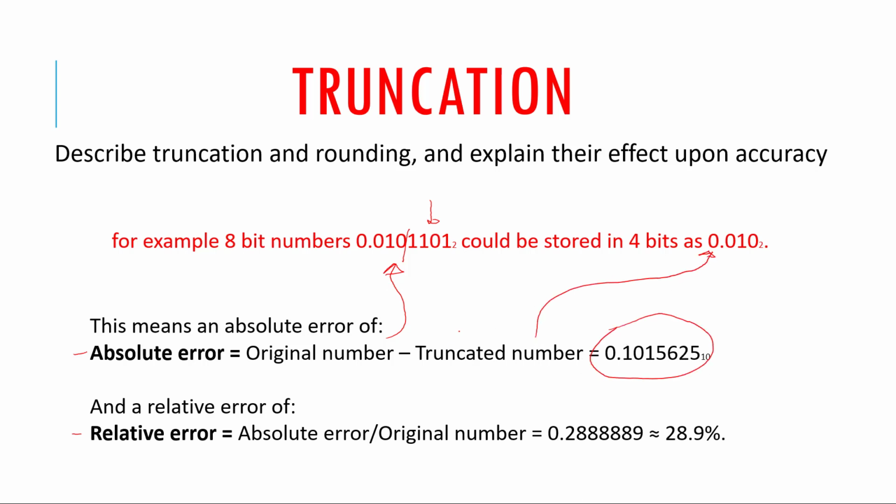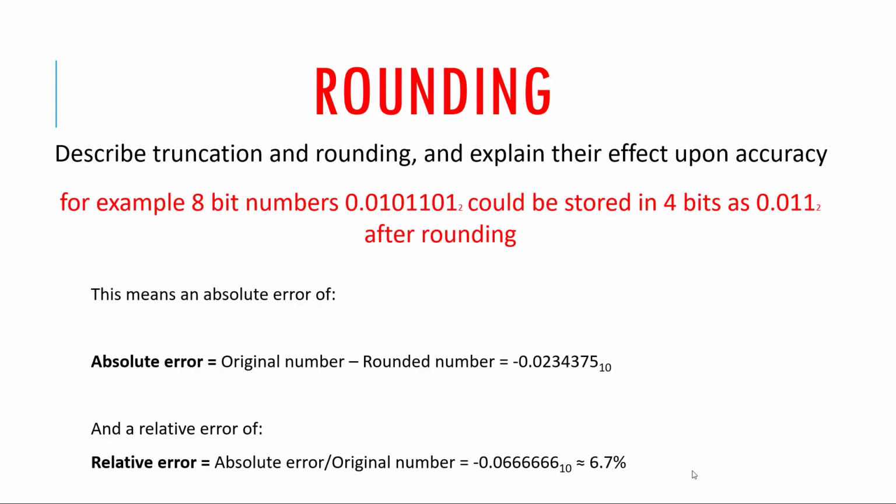And what difference does that give you? Once you've calculated the absolute error, you can then calculate the relative error, and that is the result of the absolute error divided by the original number, and that'll give you a percentage. If you do that for your truncated number and your rounded number, so in binary when you round, okay, if I chop off at the same point, if this number here is a 1, then this number here will be changed to a 1.